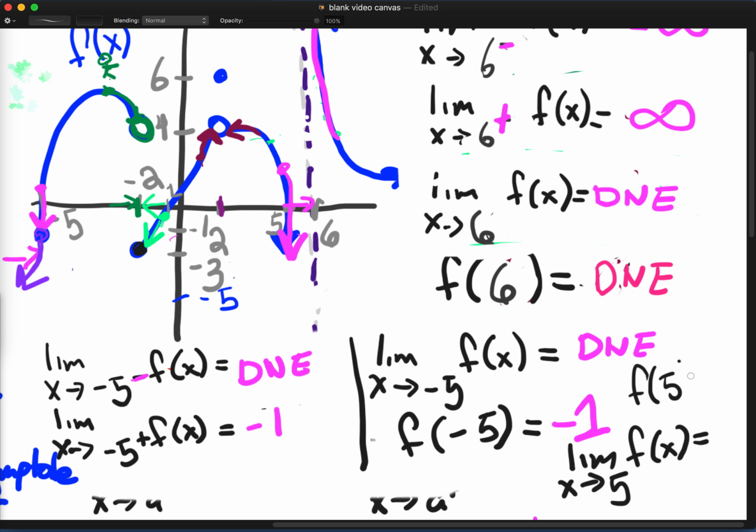What's f of 5? Okay. What's the limit as x approaches 5? 0, right? Is there anything going on there at that point? It's easy, right? That's why I said it was an easy question.